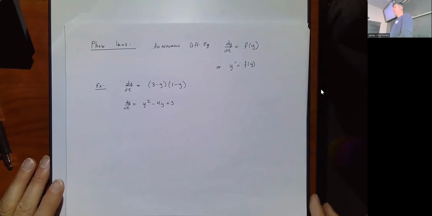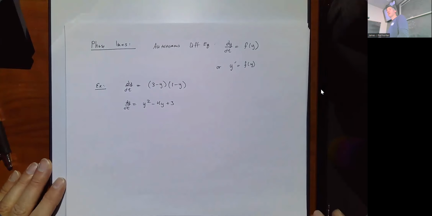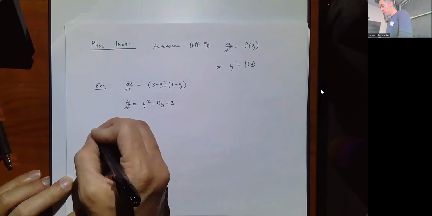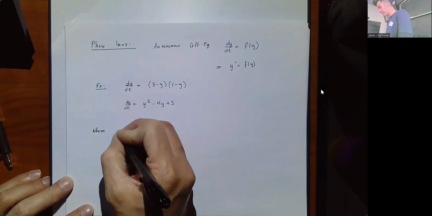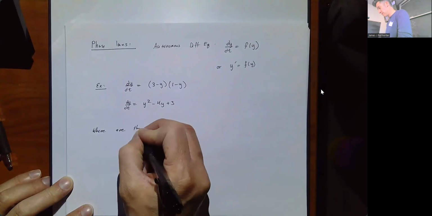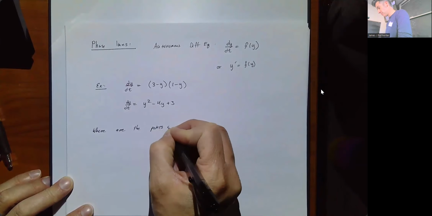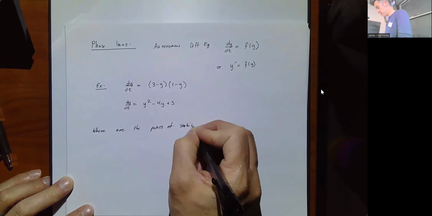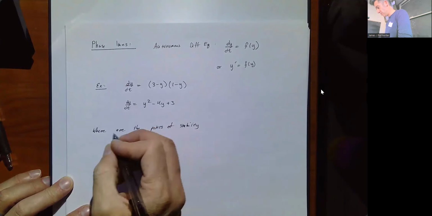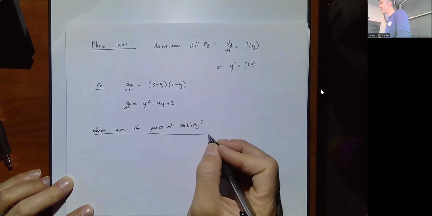I want to see how this thing looks. What I really want to see is, where are there points of stability? So when we say the word stability, what do we really mean?